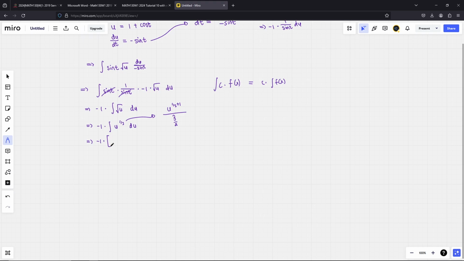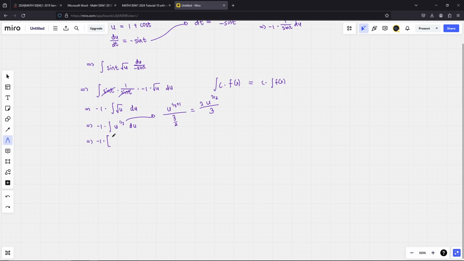Now if I divide by 3 over 2, that's the same thing as multiplying by the reciprocal, so I can say that this is 2 divided by 3. Okay, it's 3 over 2, so I multiply by 2 over 3.